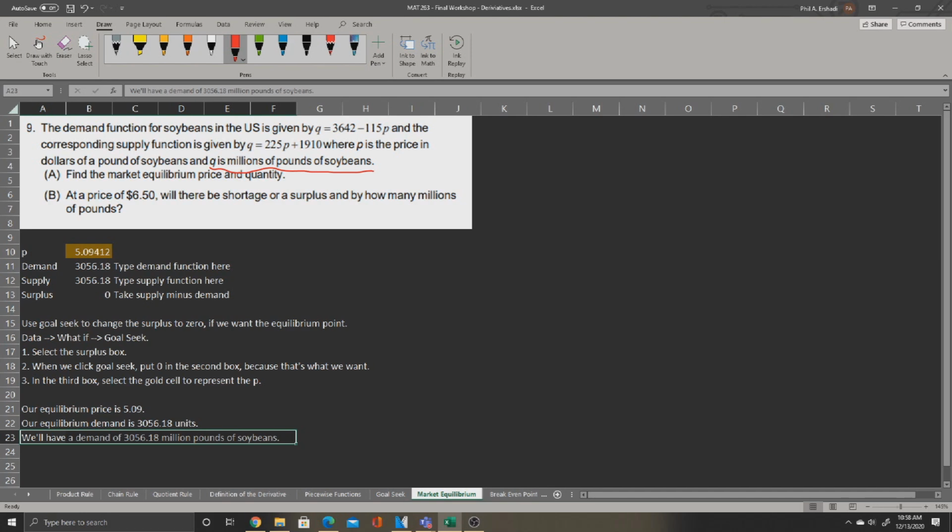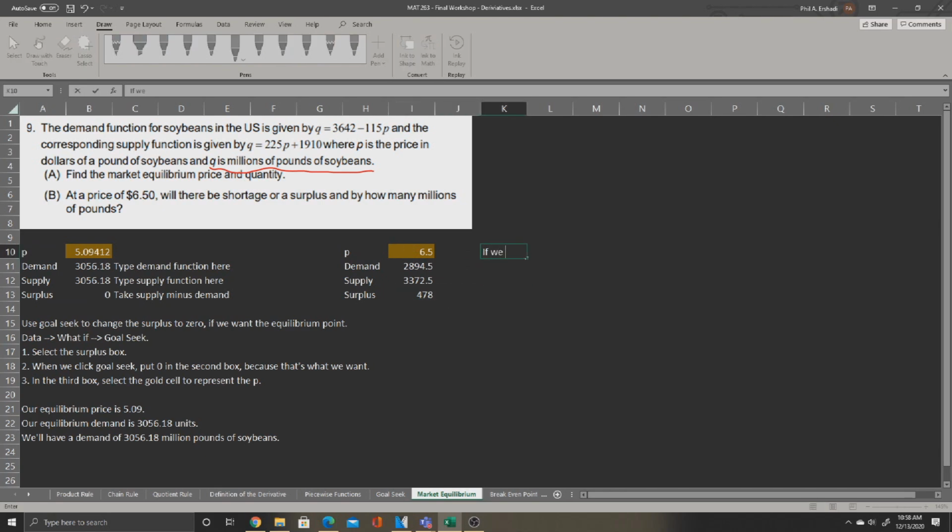Now, they're asking at a price of $6.50, will there be a shortage or a surplus? Well, all we'll have to do is make a copy of these. And now just type our new price into the gold box. $6.50 gives us a surplus of 478.